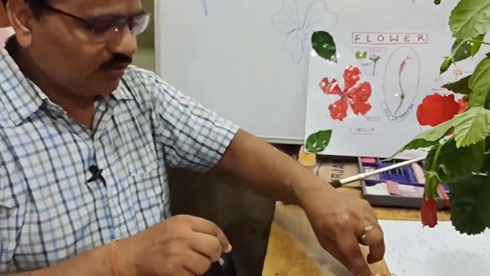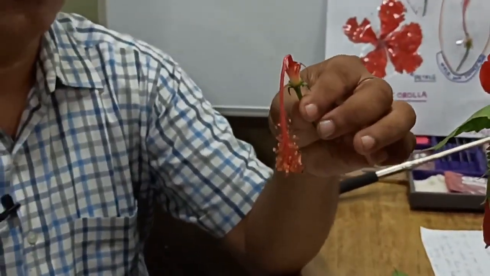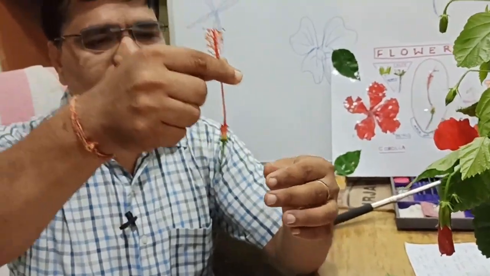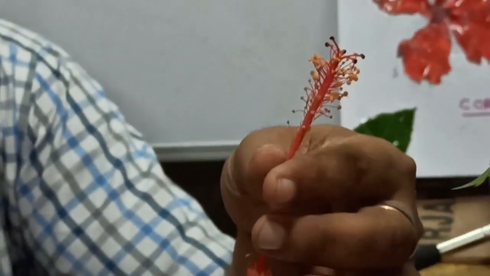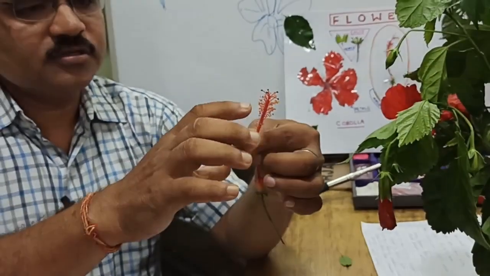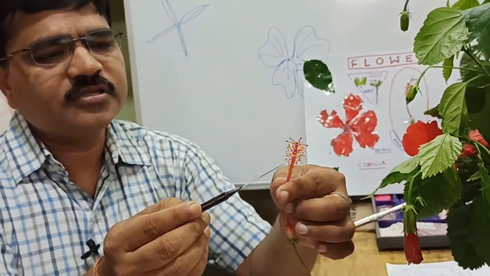Next to that we come to the most important part of the flower, that is the male part and the female part. Can you see this part? If you see this part, on this side some yellow colored substances are there.